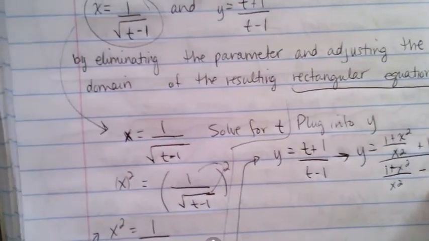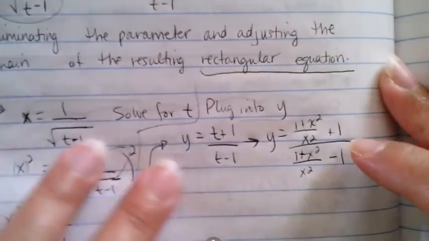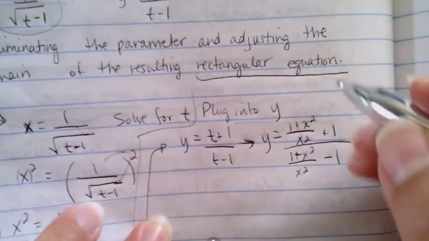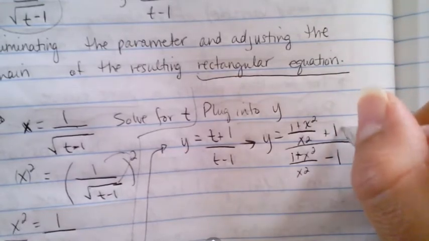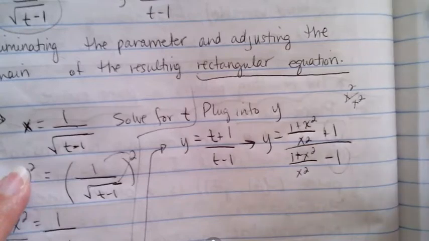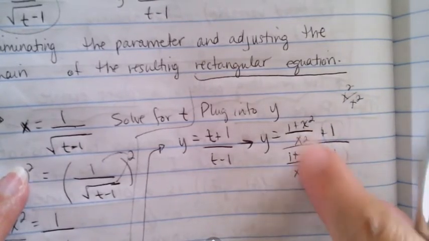So I have this ugly fraction, but you know what? Fractions are sometimes fun to deal with because we get to use our math skills. I'm going to do the same thing I did before where I'm going to change these 1's into x squared over x squared, so I can have the same denominator.